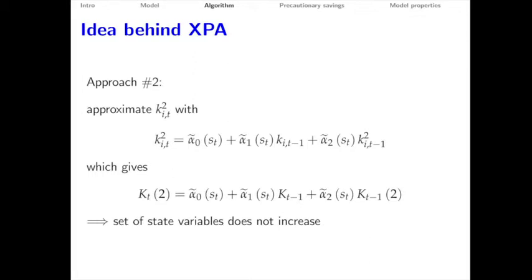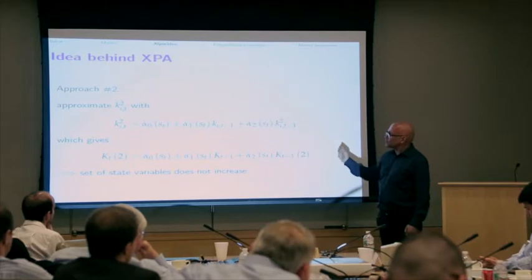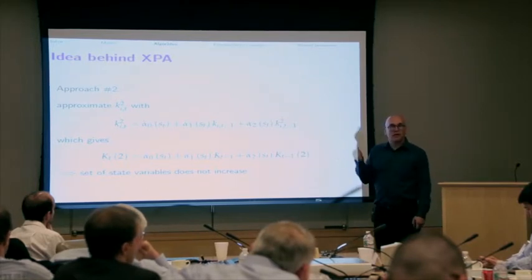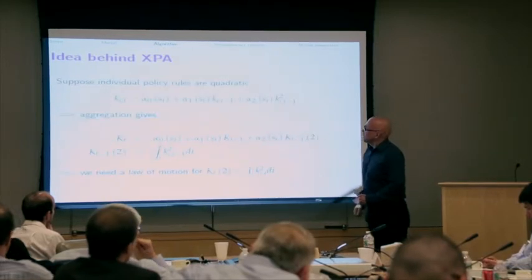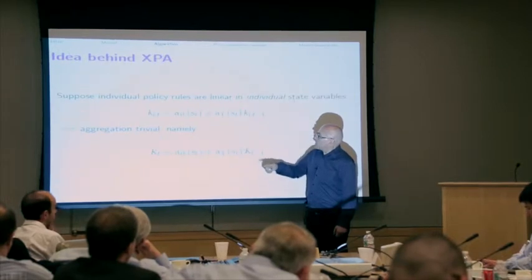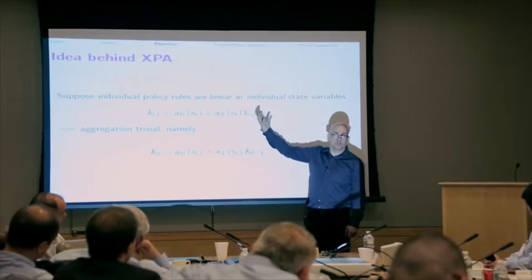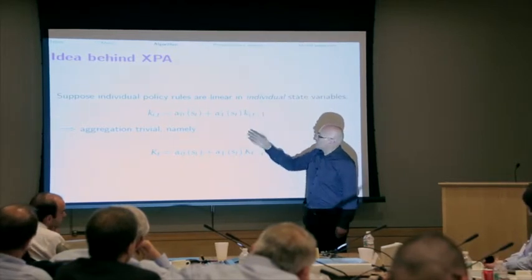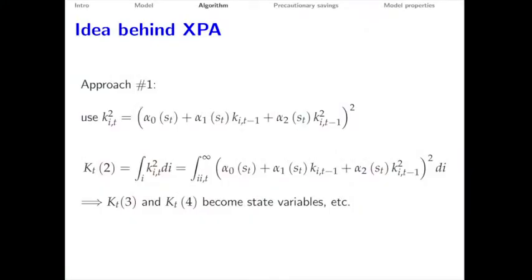Now it's important to understand that this approximation that we do, we only need that to get the aggregate policy rules. Because actually what we're going to do in the algorithm is have a piecewise linear policy function for the individual state variable, but we're going to say, well, let's take a first order or a second order approximation of that thing if we need to calculate the aggregate law of motion.